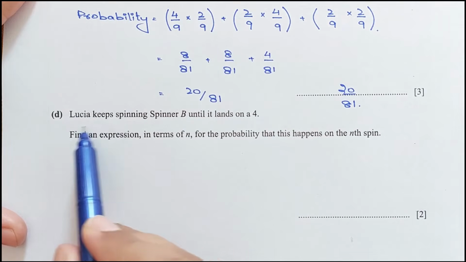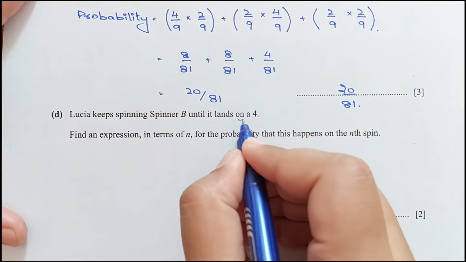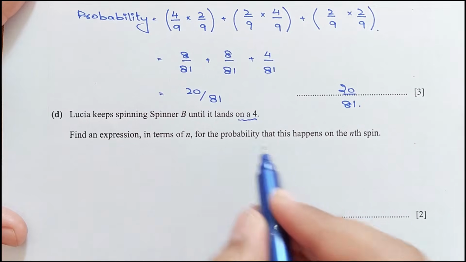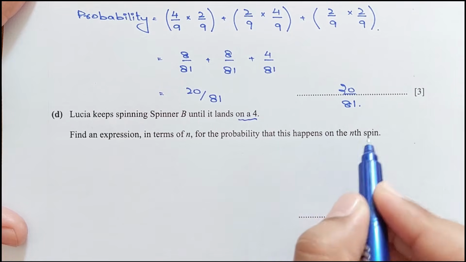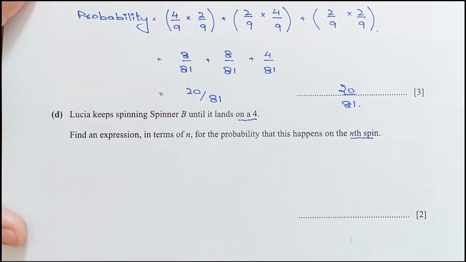Now for part D, Lucica keeps spinning spinner B until it lands on 4. Find the expression in terms of n for the probability that this happens on the nth spin. It means on the nth spin the spinner lands on 4.